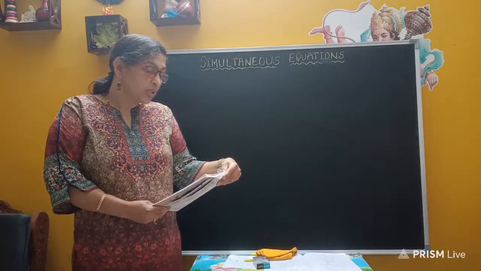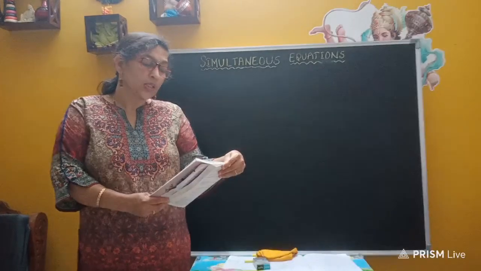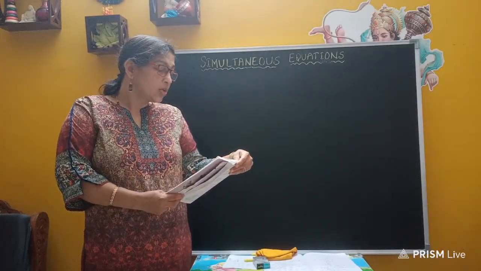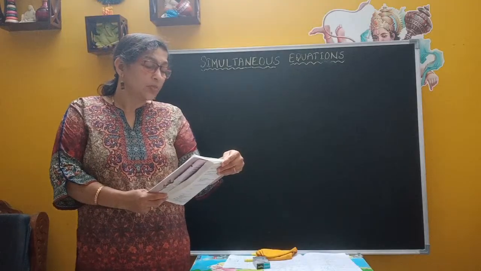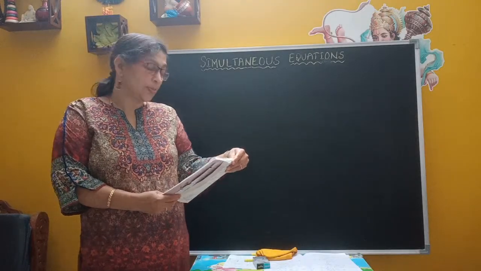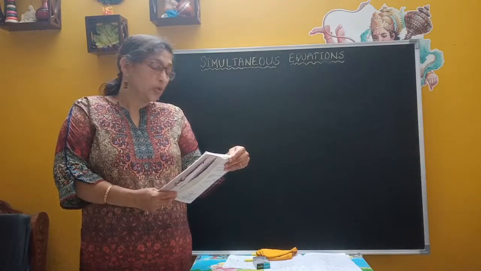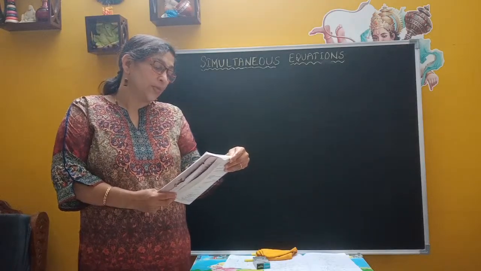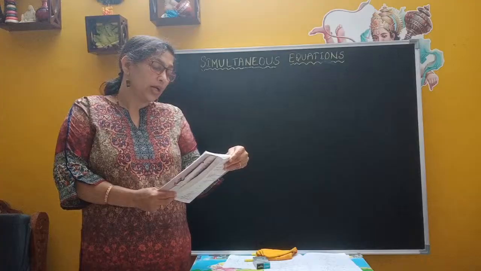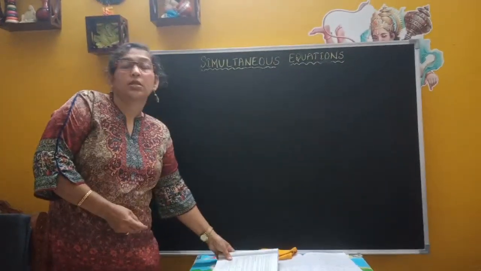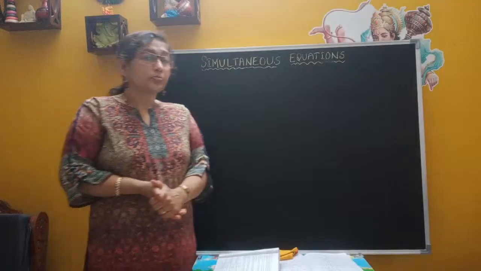For a distance of 10 km, the charge paid is rupees 105, and for a journey of 15 km, the charge paid is rupees 155. What are the fixed charges and the charge per kilometer? How much does a person have to pay for traveling a distance of 25 km? First, let us understand the question.